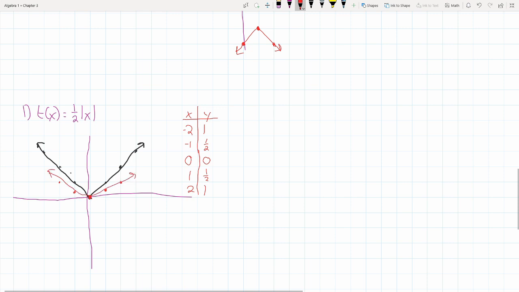And so we actually have a phrase for that. So in comparison, when I say compare, what we call this is a vertical shrink. Now, depending on your teachers, you may also hear of this as a horizontal stretch. However, for the math classes that I teach, we don't really use this.